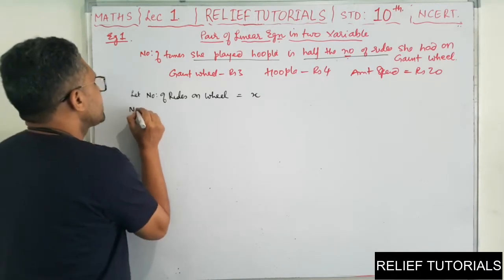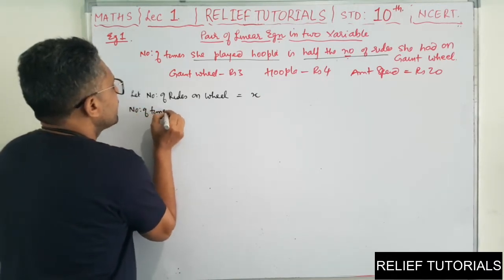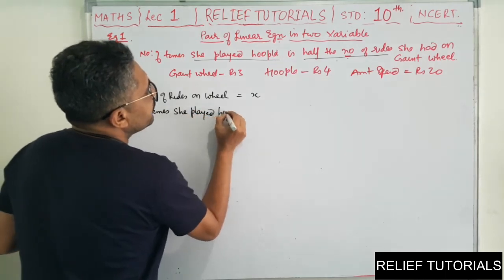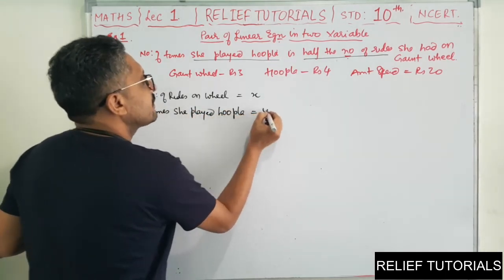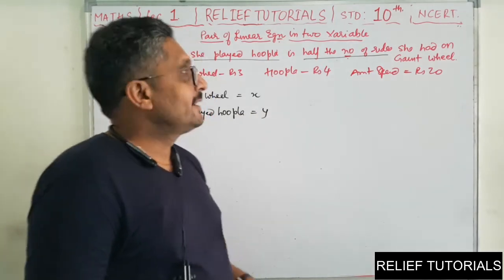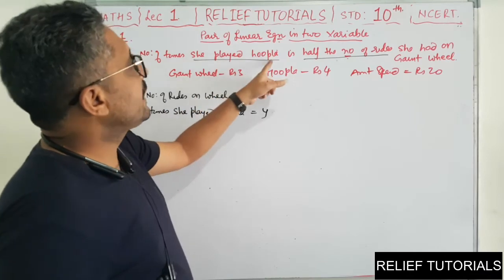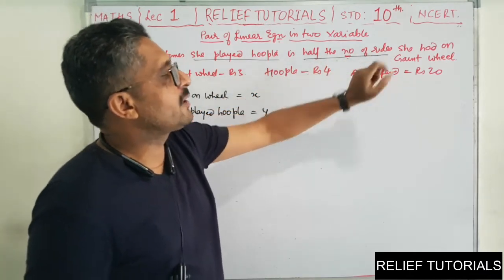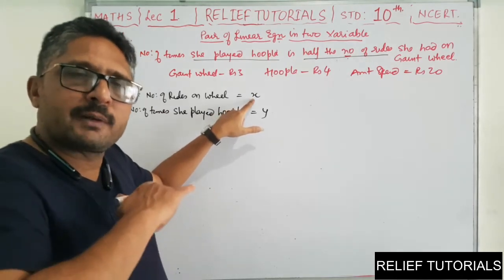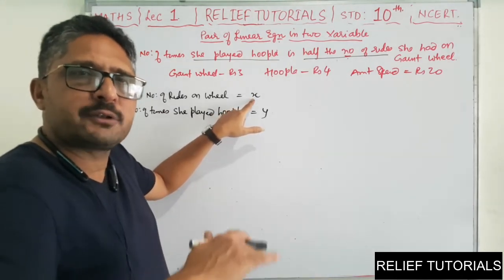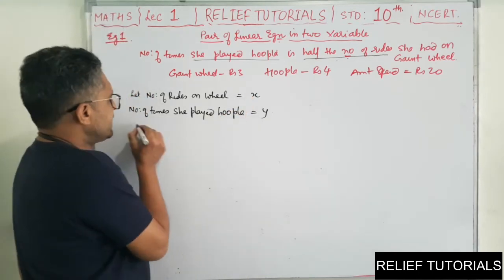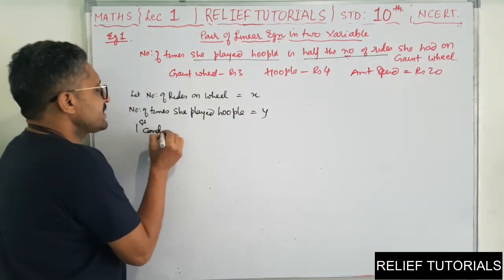Let the number of times she played hoopla be y. Two variables you have to suppose. Now, how many rides does she have on the giant wheel? 8. So hoopla will be half of that, 4, 8 by 2. Here x, so x by 2. So we got the condition here, called the first condition.